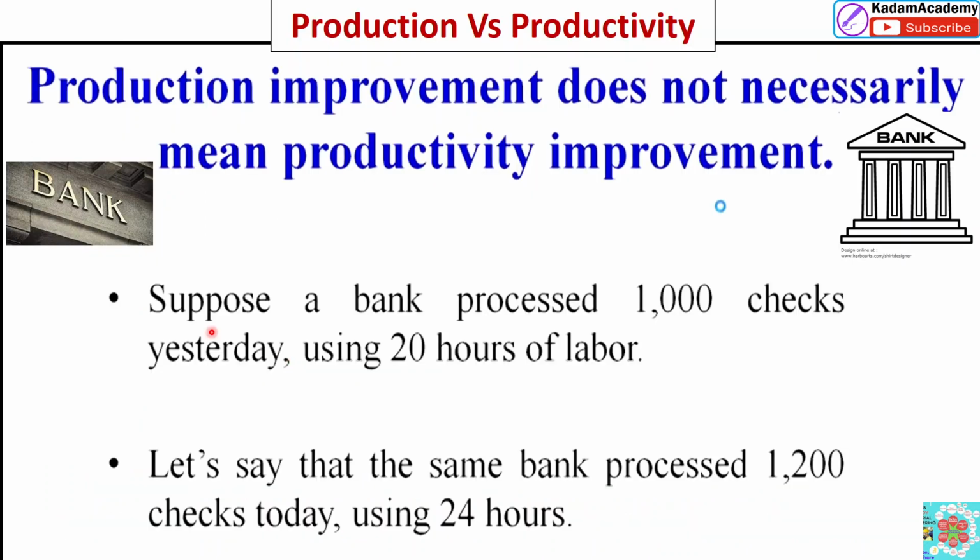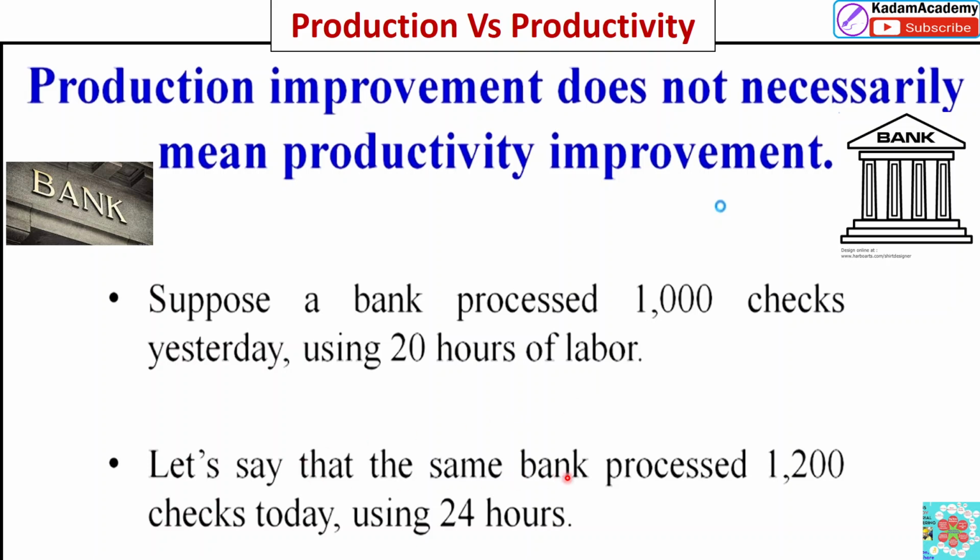Now, production improvement does not necessarily mean productivity improvement. Here we are going to clear and differentiate production and productivity. We'll see one example of a bank. Suppose a bank processed 1000 checks yesterday using 20 hours of labor.